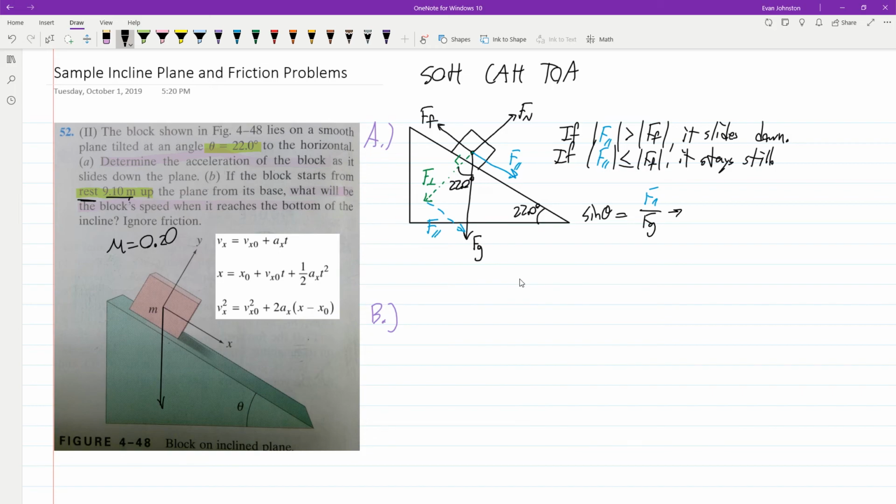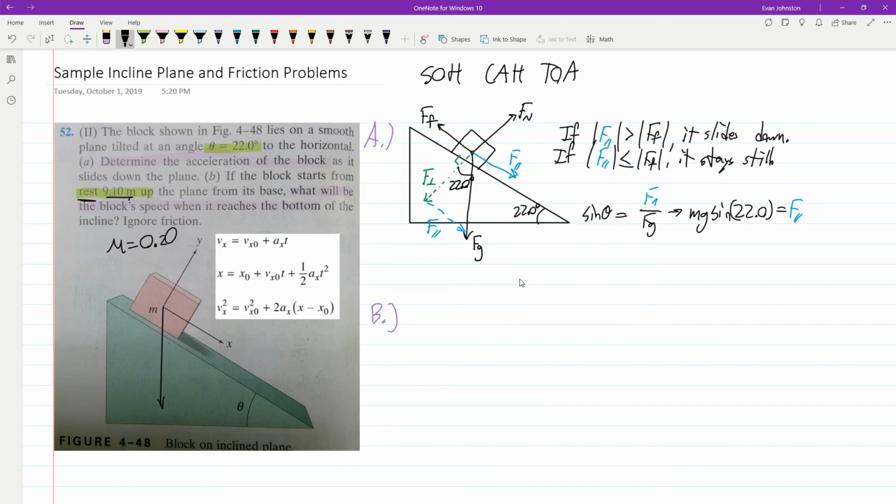In the end, mg sine of this 22.0 degrees is the way we would represent this parallel force. Let's write this out, keeping in mind we have no idea what m is, but maybe it'll cancel out like it did before.